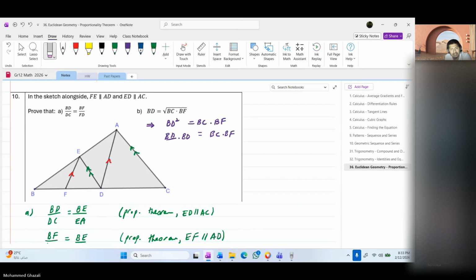Now I can take one of the BD and divide it by BC, and I'm going to take BF and divide it by BD.